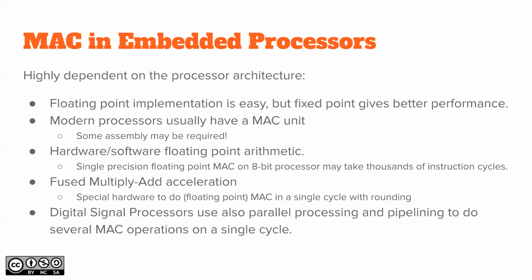With a 1 MIPS 8-bit processor, which these usually are, one single MAC operation, meaning multiply and accumulate, would take 2 milliseconds, which may be way too much time compared to an 8-bit MAC, which would take only a few microseconds.